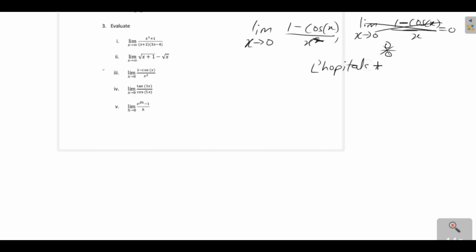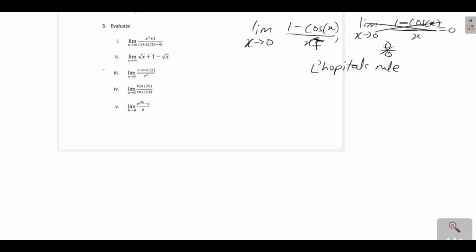L'Hopital's rule. So what does L'Hopital's rule say? It says that whenever we are evaluating a limit and we plug in the number that x is approaching and get an indeterminate form, what we need to do is differentiate the numerator separately and then differentiate the denominator separately. Then after that we can take the limit.